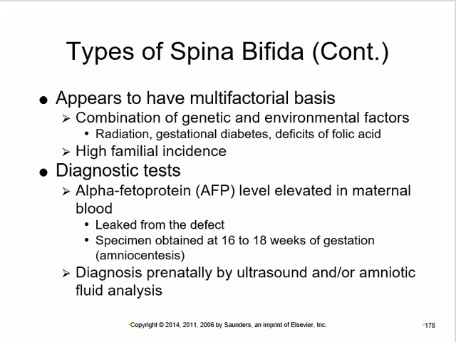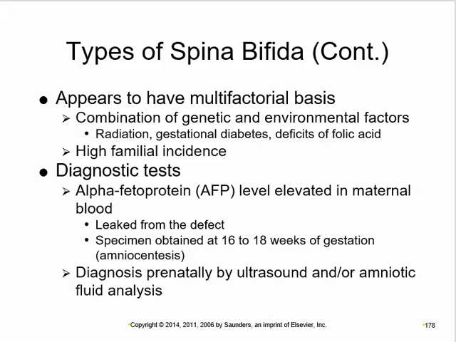Some sort of combination. Folic acid deficiency was considered to be a big contributor to this, and that's one of the reasons why most pregnant women take folic acid supplements. Gestational diabetes might be doing it. Exposure to radiation can do it.